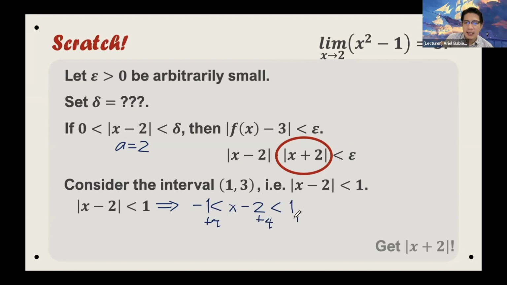So that in the middle, x minus 2 plus 4, it will give us x plus 2. Okay? And x plus 2 will be greater than 3 and then less than 5. Okay? And from there, we can get that the absolute value of x plus 2 will be less than 5.